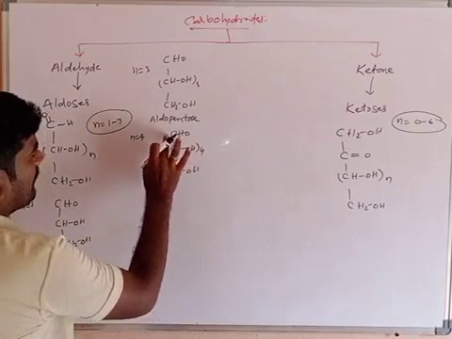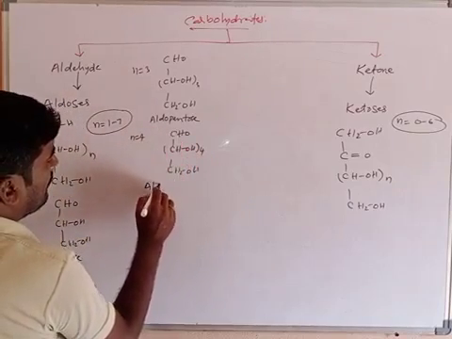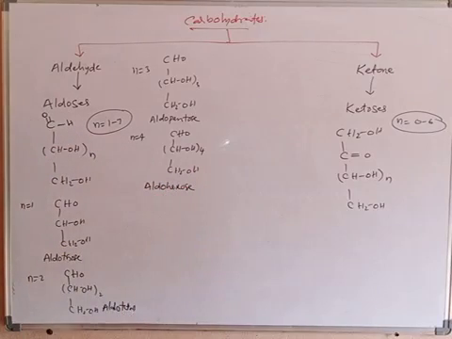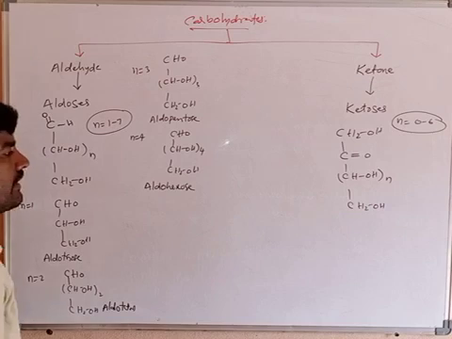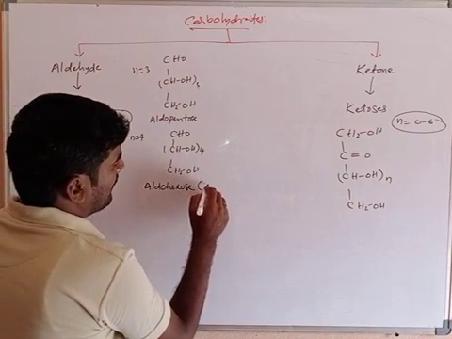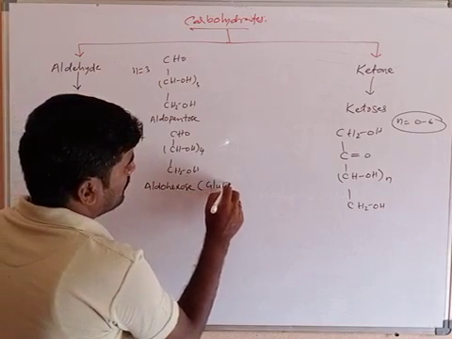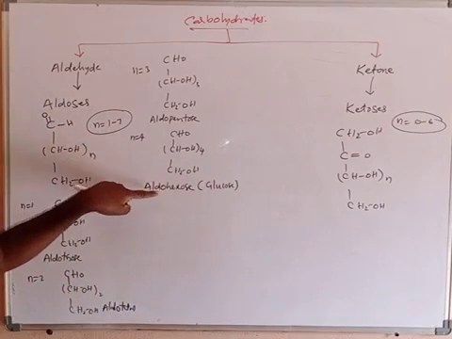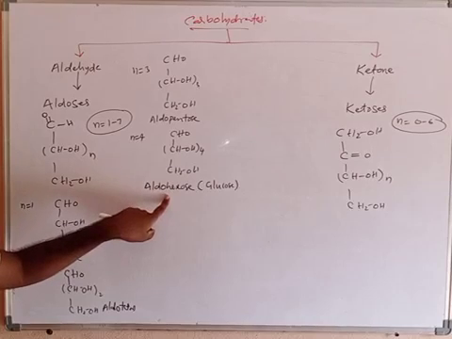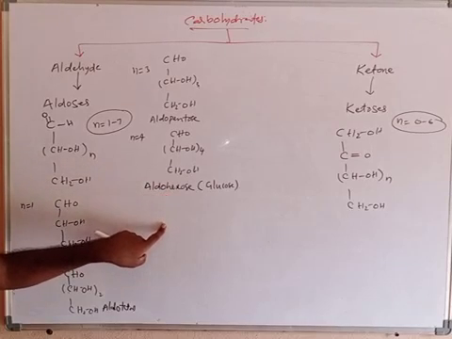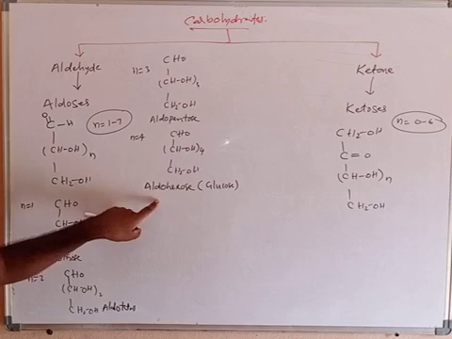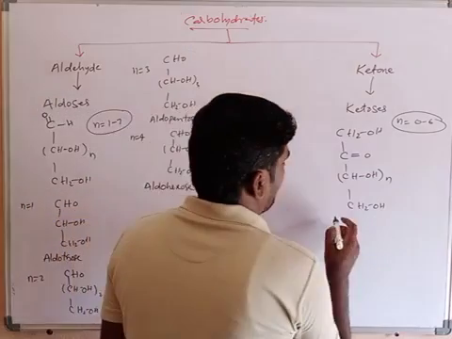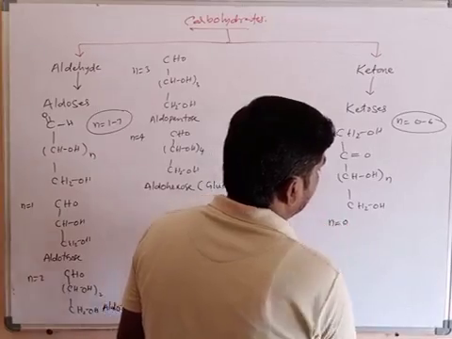How many carbons? 6. Aldohexose. Glucose belongs to this family. Glucose is an aldohexose. The remaining, aldoheptose, will come. Clear?